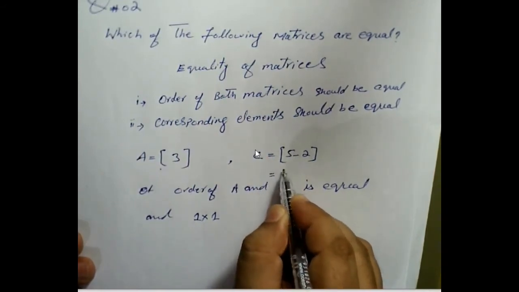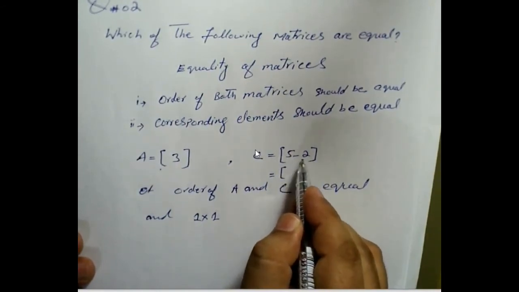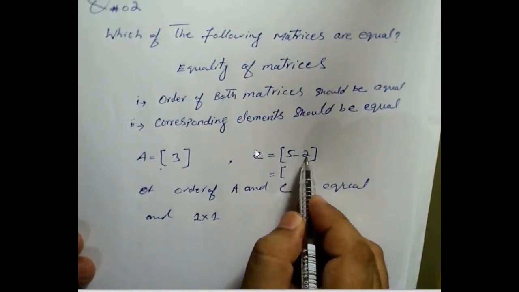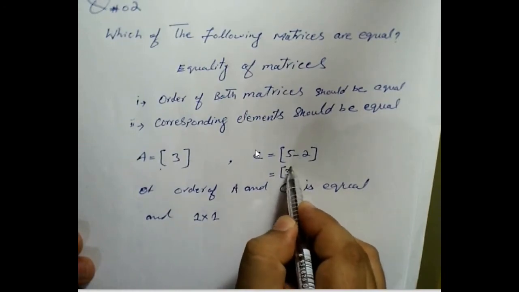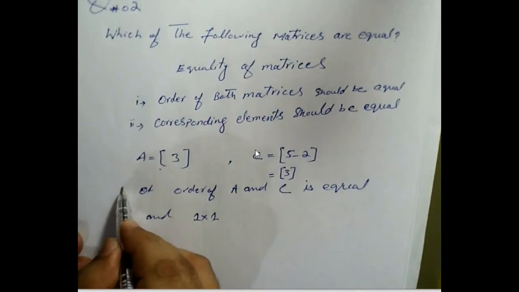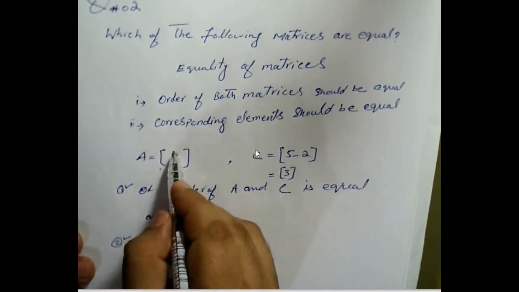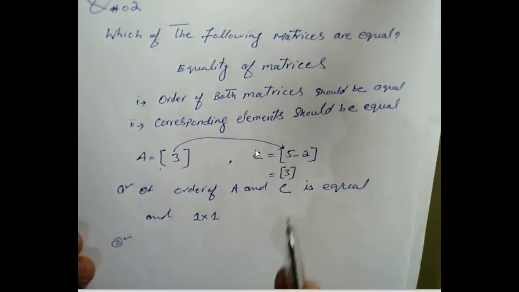Note one thing, if we subtract 2 from 5, it will also give us 3. So condition number 1 is testified, condition number 2 is testified. Both have corresponding elements.